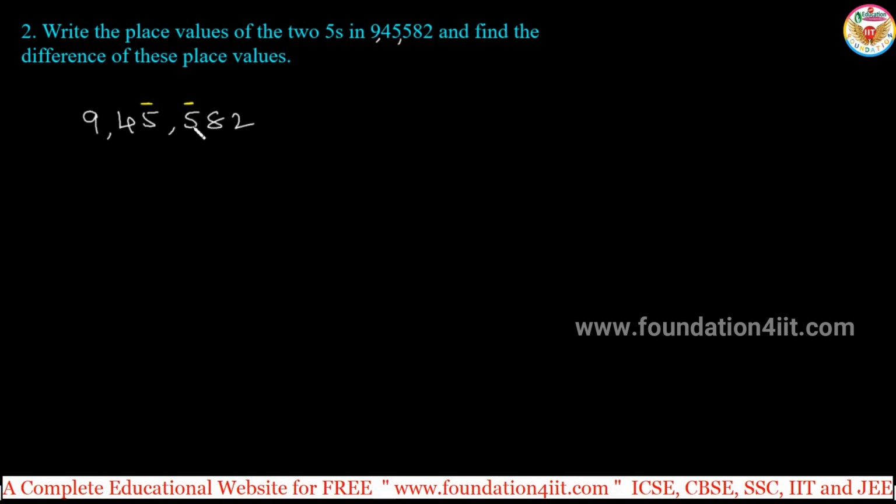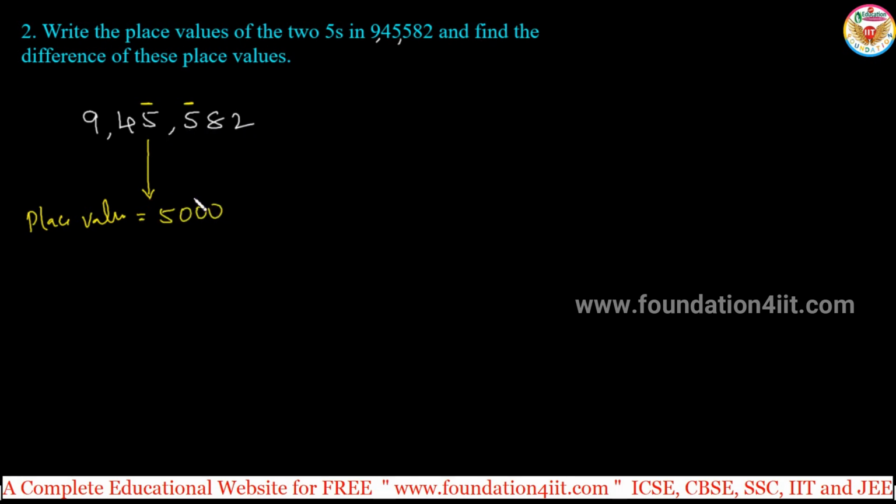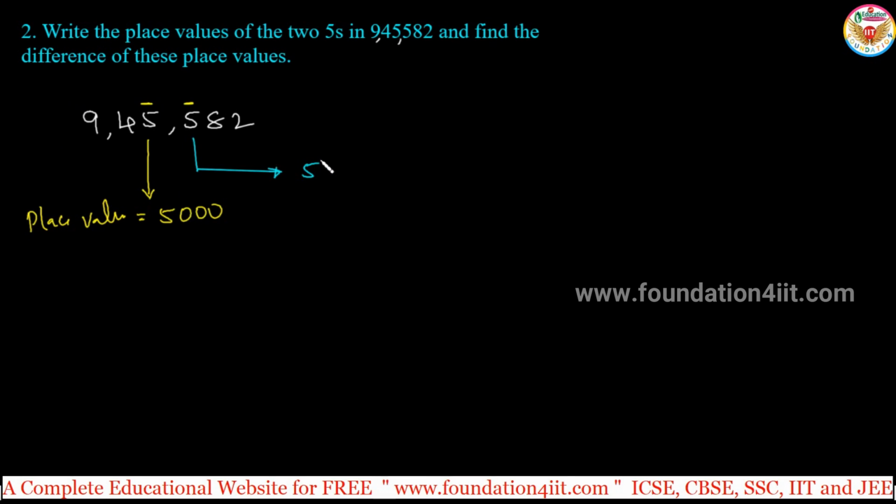One is in hundreds place, one is in thousand place. One place value is 5,000, in thousands place. And one more place value is 500, 5 is in hundreds place. So 500 is the place value.